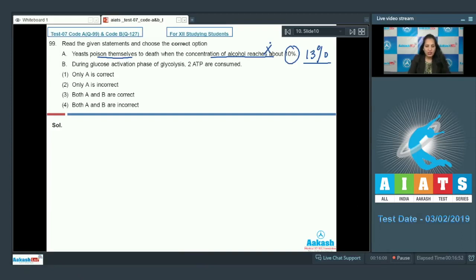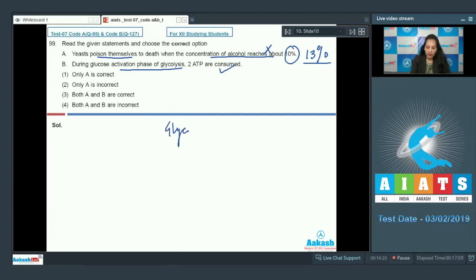What about the B statement? During glucose activation phase of glycolysis, which is also known as preparatory phase of glycolysis, which results in formation of 2 triose sugars, 2 ATP are consumed. Yes, it is true.